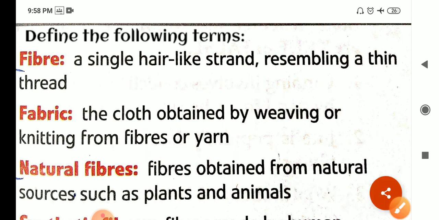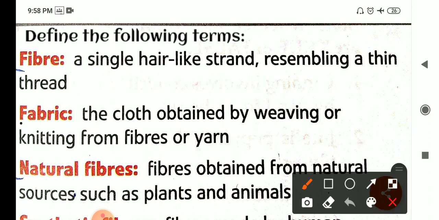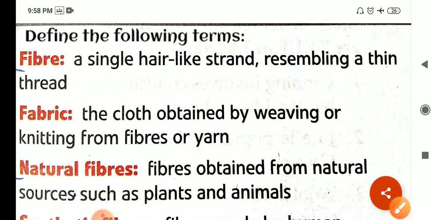Okay. Then second term, fabric. The cloth obtained by weaving and knitting. Two processes are there, either by weaving or by knitting. Yarn can be converted into the fabric, right? Okay. Then next, natural fiber.